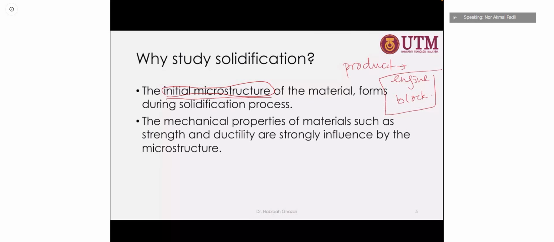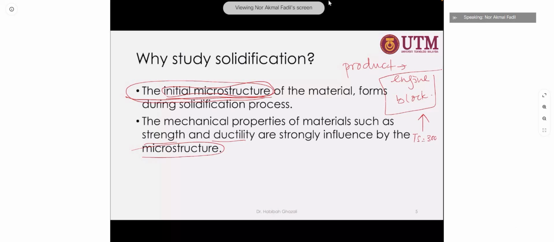The mechanical properties of materials, such as strength and ductility, are strongly influenced by the microstructure. So if you don't do the first process, casting, right, you may not obtain the specific properties of the engine block. Maybe you need a specific strength, for example a tensile strength of 300 megapascal.